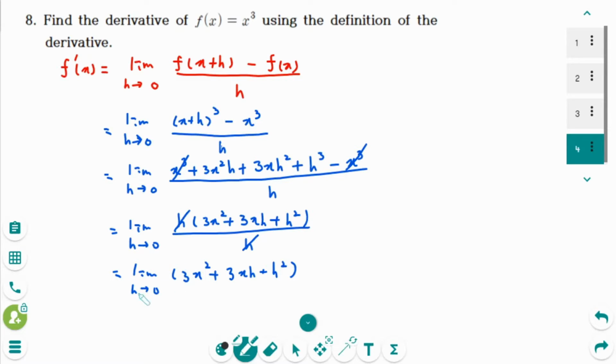When you put 0 into h, then 3x squared plus 0 plus 0, which is 3x squared. But if we need just the answer, use the power rule. So f of x equals x cubed, f prime of x equals 3x to the power of 3 minus 1, which is squared.